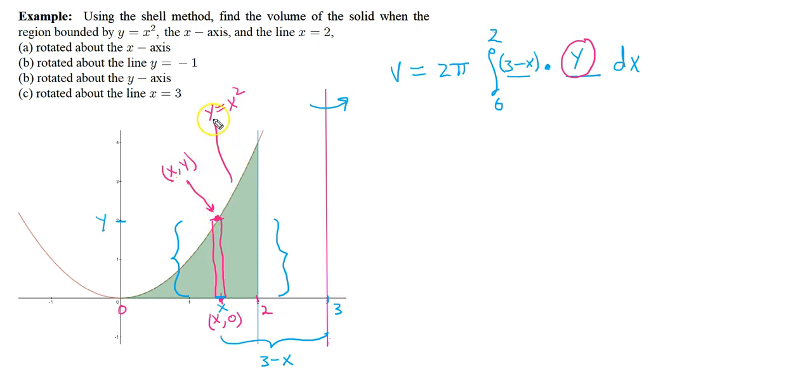And that point sits on the curve y equals x squared. So the relationship between x and y is, well, y equals x squared. So I replace this with an x squared. And there we go. And that's it. Everything's in terms of x.